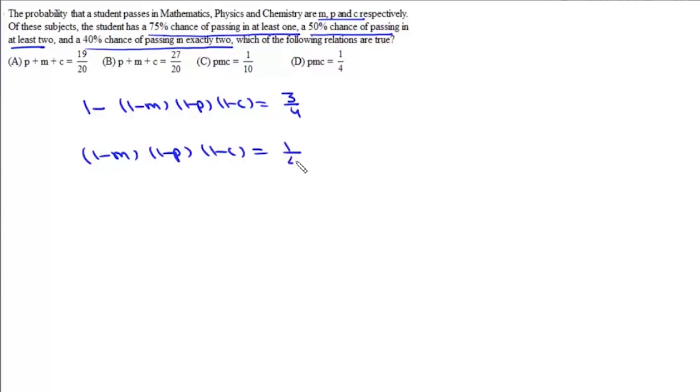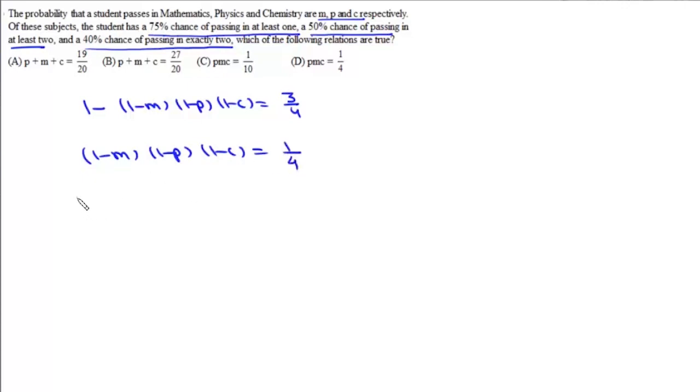Now in at least one, it will be 1 minus the probability that he doesn't pass in any of the subjects. So it will be 1 minus (1 minus M)(1 minus P)(1 minus C), and this probability is 75 by 100, which is 3 by 4. So from here we can write (1 minus M)(1 minus P)(1 minus C), and this value will be 1 by 4.